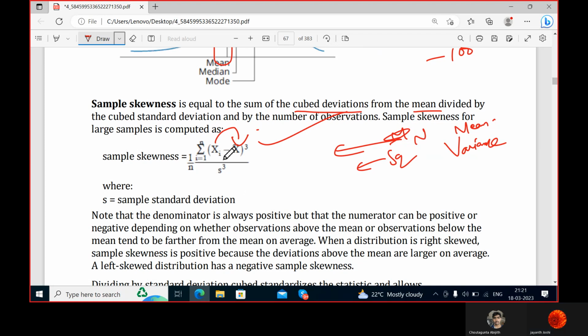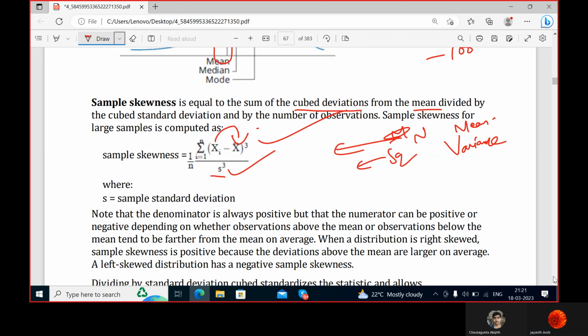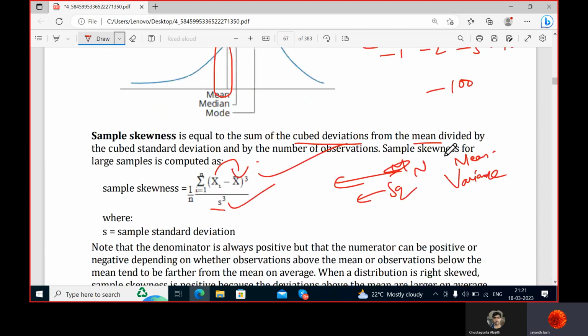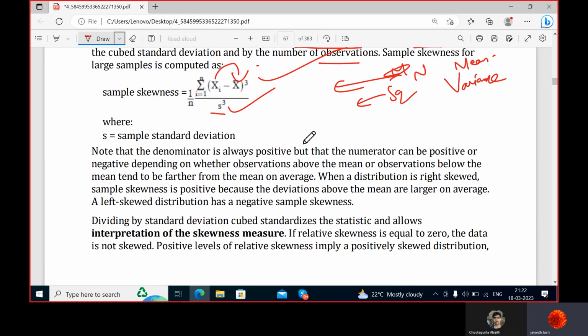Now, this is like the standard deviation cubed in the denominator, you can see, divided by the cubed standard deviation by the number of observations. This is the formula for sample skewness. Note that the denominator is always positive, but the numerator can be positive or negative.